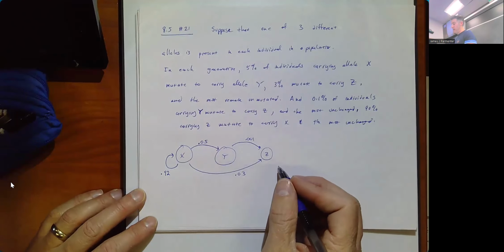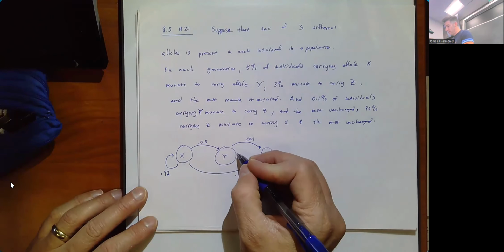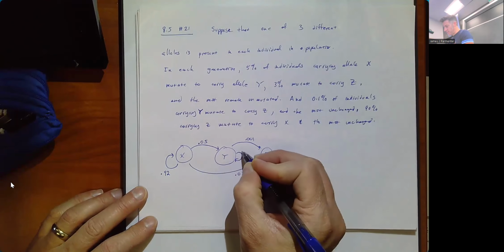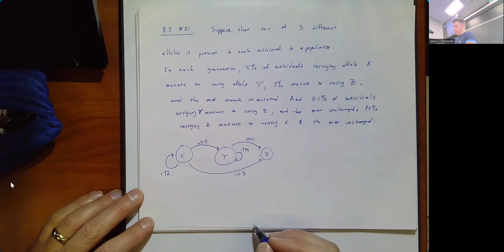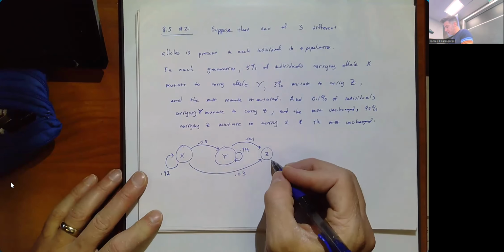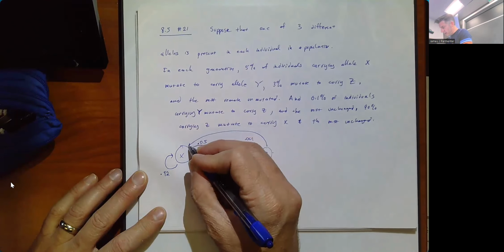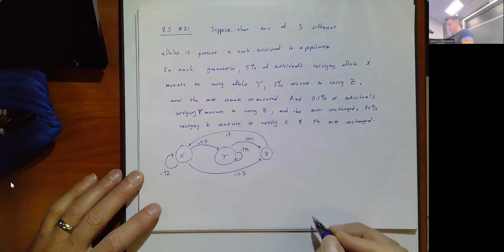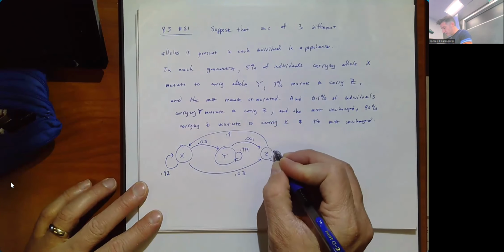And the rest remain unmutated, so the other 99.9% stay as Y's. Finally, 90% of Z's mutate to carry X. So we have 90% of Z's, which is 0.9, mutate to carry X, and then the other 10% of Z's stay as Z's.